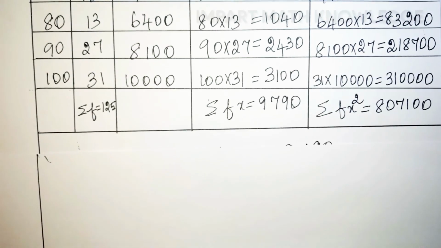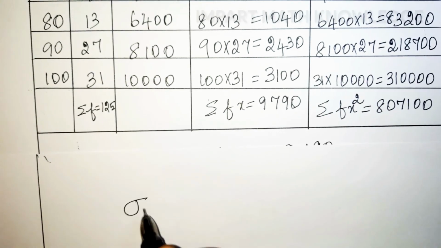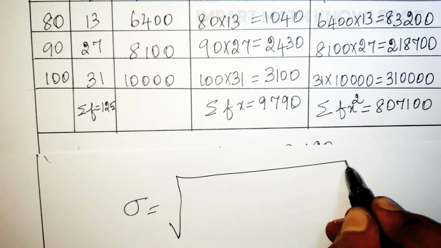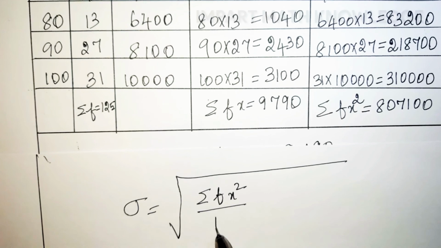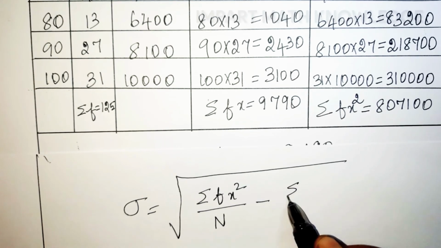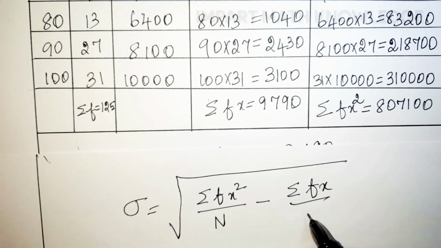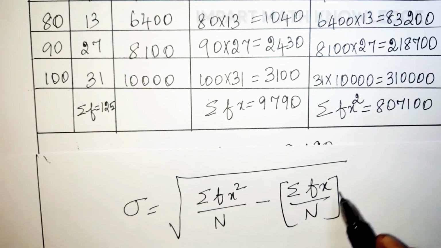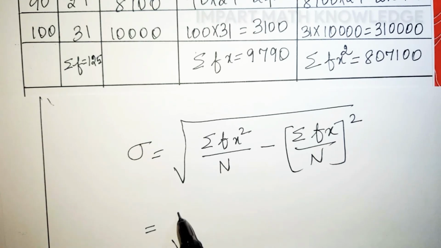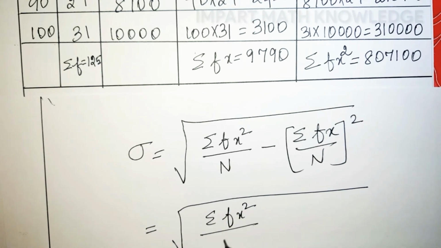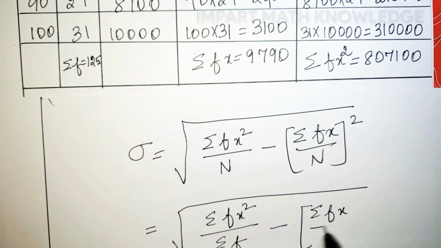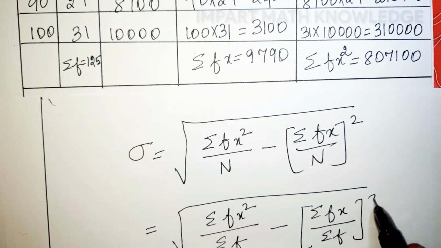Next we have to find standard deviation. Sigma is equal to the square root of sigma fx square by n minus sigma fx by n whole square.